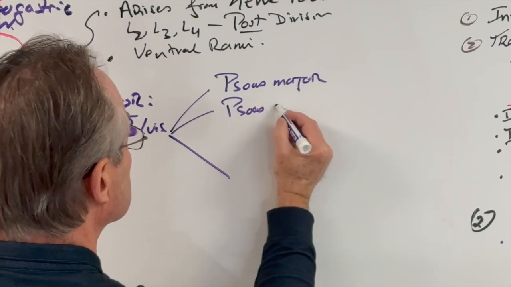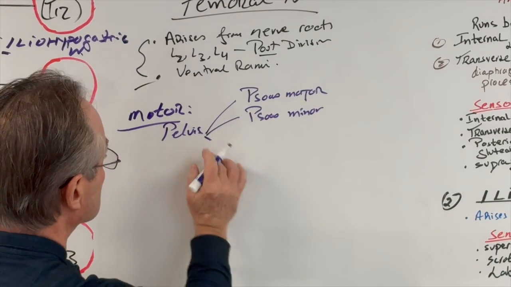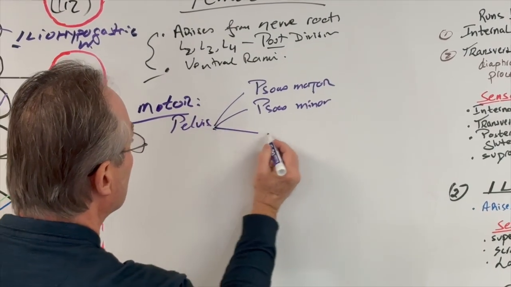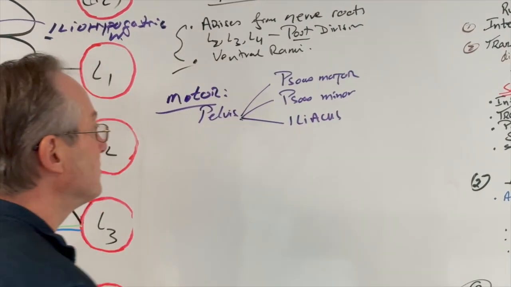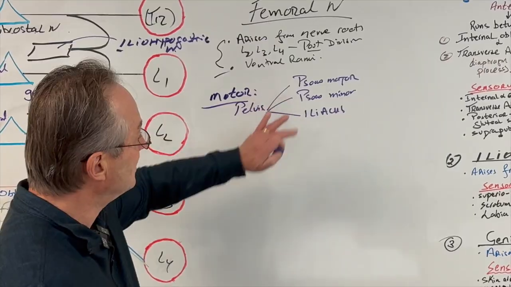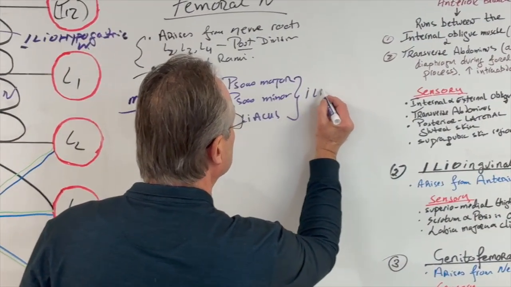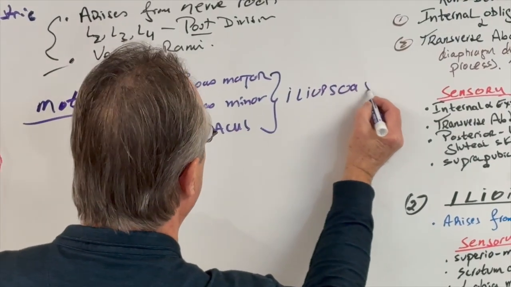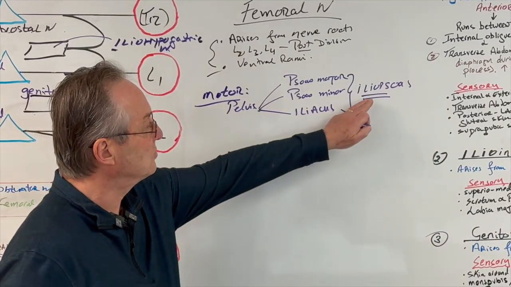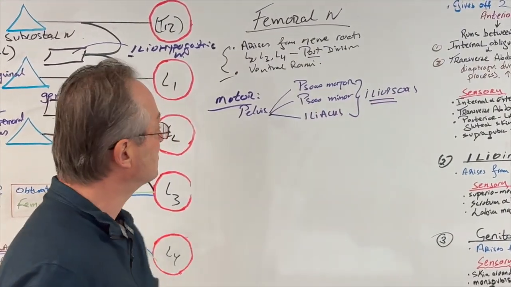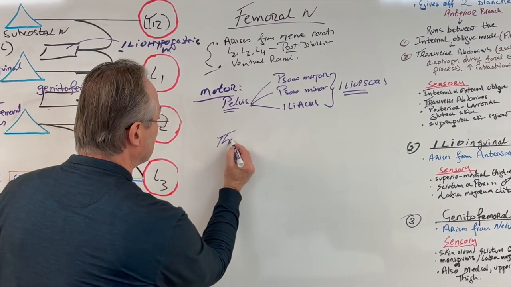Second, psoas minor. And the iliacus. Psoas major, minor, iliacus, and these collectively are called the iliopsoas. That's over the pelvis. Okay, what about the thigh?